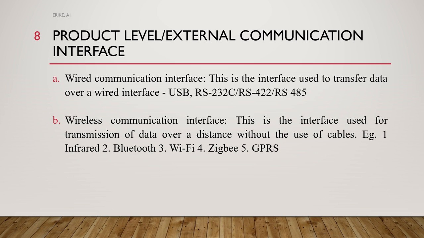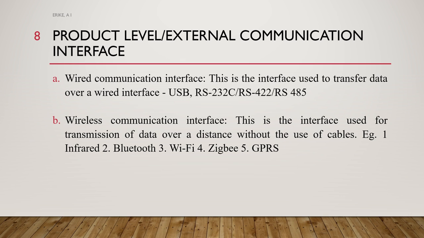The wired communication interface is used to transfer data over a wired interface, whereas the wireless communication interface is used to transfer data without cables.